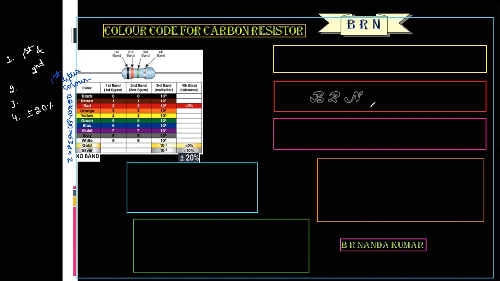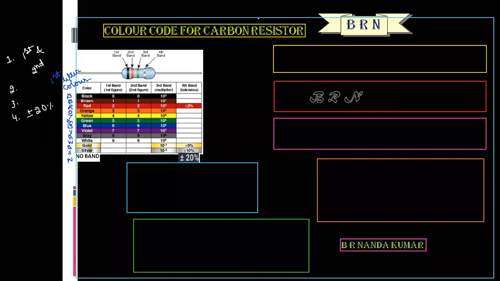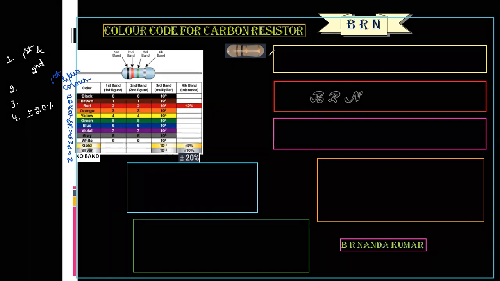Okay. So let us take the first example. This is a carbon composition resistor. This resistor has colors. What is the first color here? The first color is brown, right?